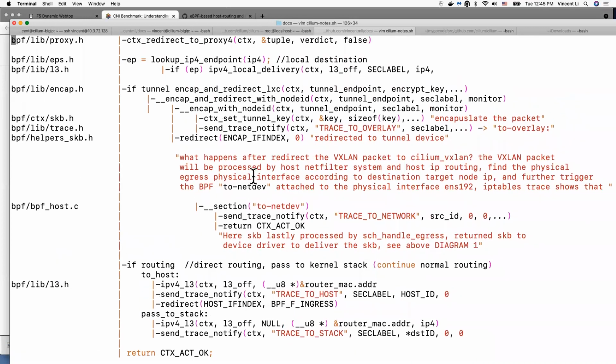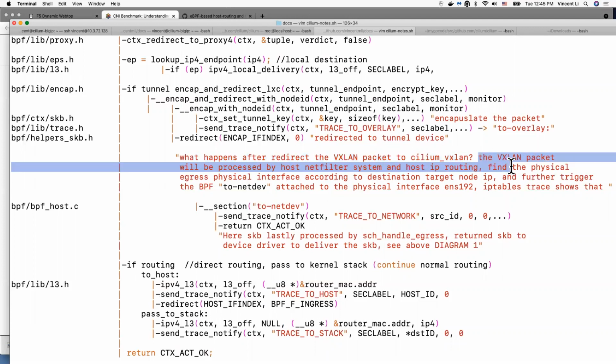So you might be wondering what happened after the encapsulation, when we redirect the packet to the tunnel device, the Cilium VXLAN. What happens after redirect to the Cilium VXLAN interface?